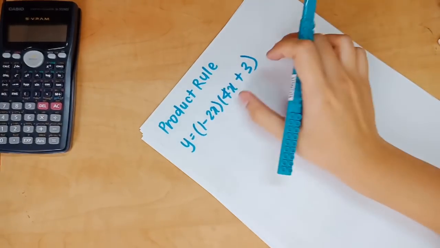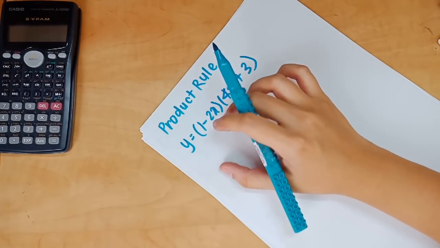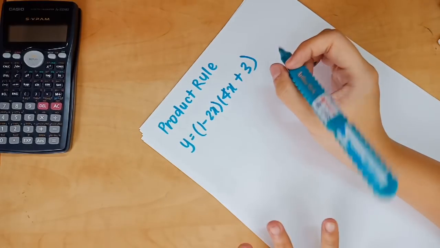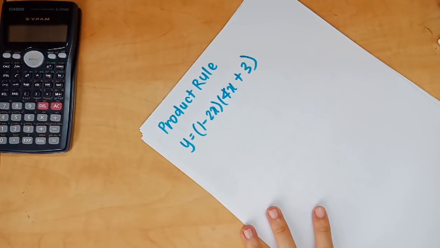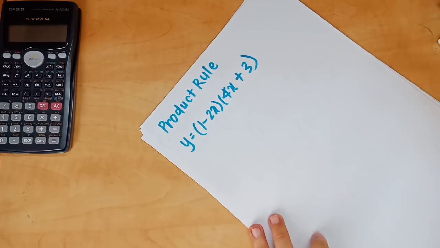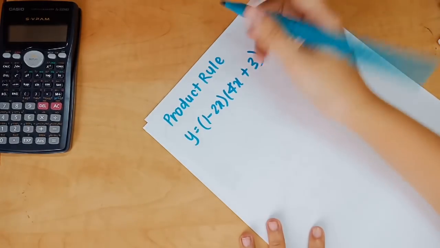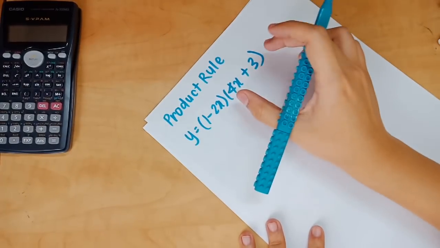So something multiplied by something. So that is a formula for product rule. That's like d, dy, dx. I don't know, maybe you've heard of it. It's a very long formula, but you don't need to memorize that formula. What you need to remember is you need to differentiate one by one, and that's it. Differentiate this and then differentiate this.